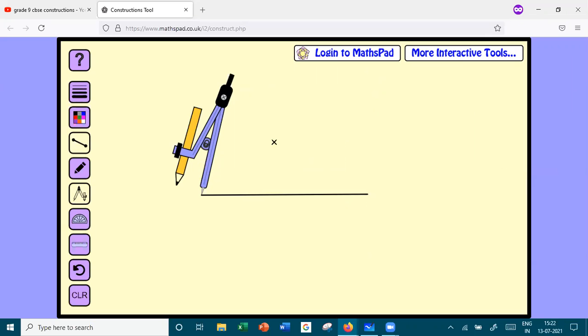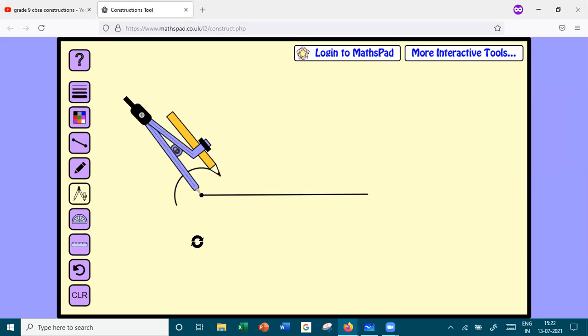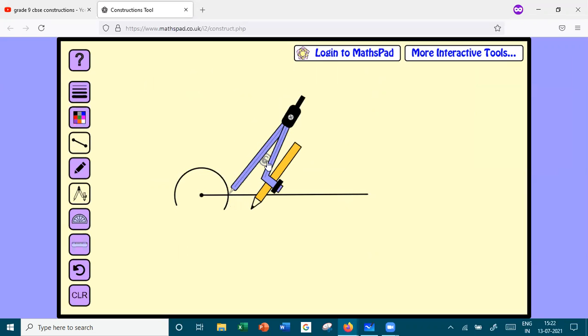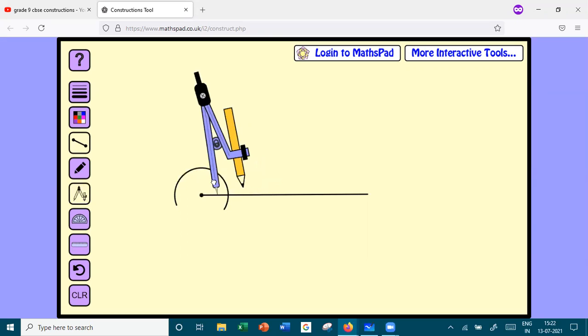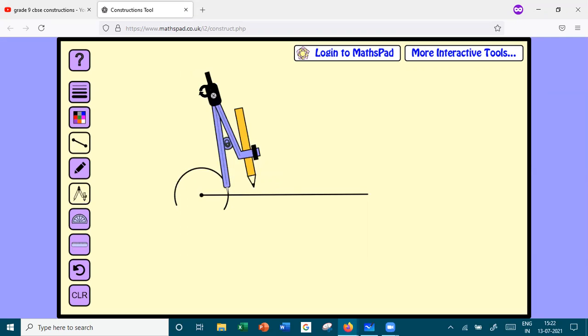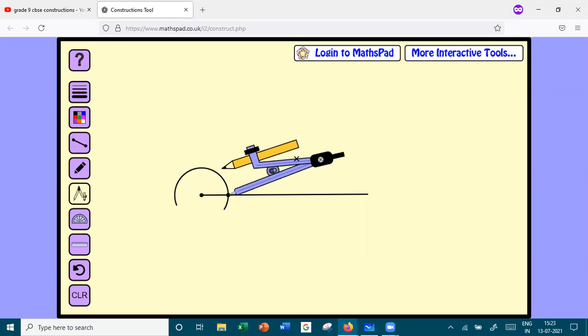Okay, let me take some random angle. Okay, I'm making 60 degree only since our radius seems to be equal, right? Okay, I will cut an arc here.